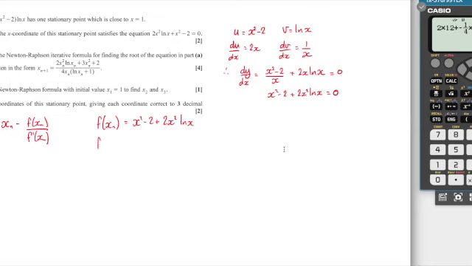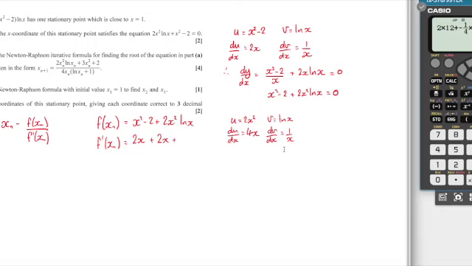If we want to differentiate that, I'm going to get 2x, minus 2 is going to disappear, then I have to do a product rule again, so u is 2x squared, v is ln x, du by dx is going to be 4x, dv by dx is going to be 1 over x, so therefore I'm going to get plus 2x squared over 1x, so that's just going to be 2x, plus 4x ln x.